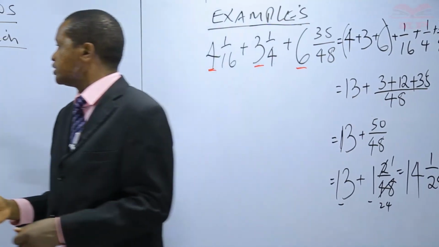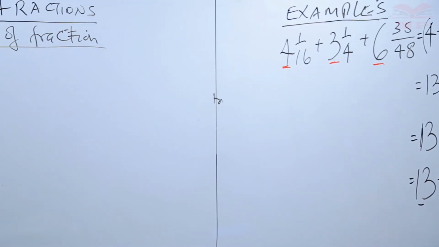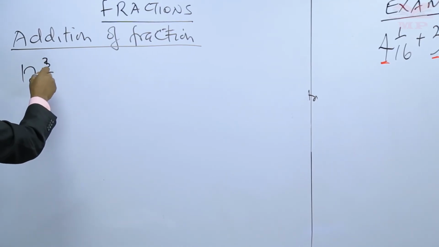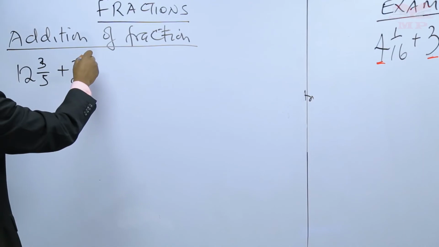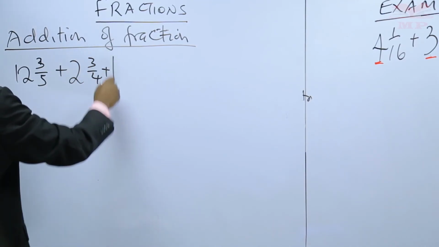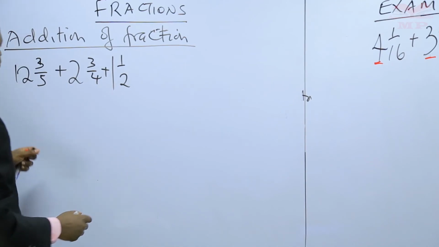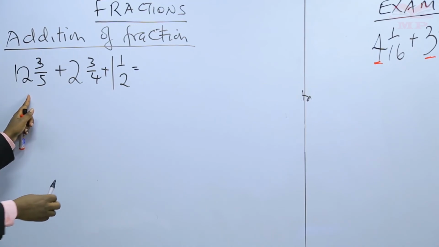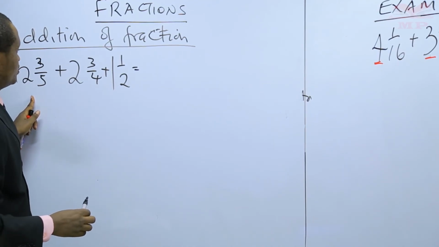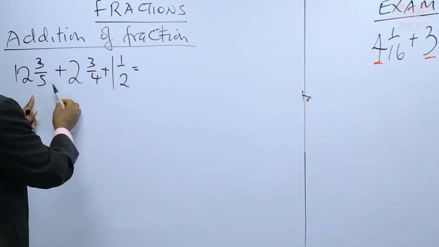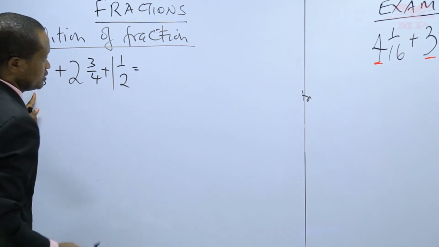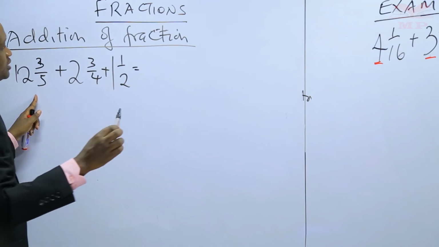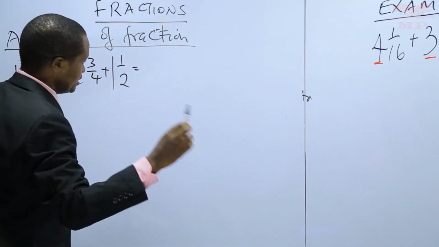Before we close our lesson, let us work out another example. 12 3/5 plus 2 3/4 plus 1 1/2. We say that in carrying out the operation of addition on mixed fractions, number one, we add the whole numbers and the fractions separately.